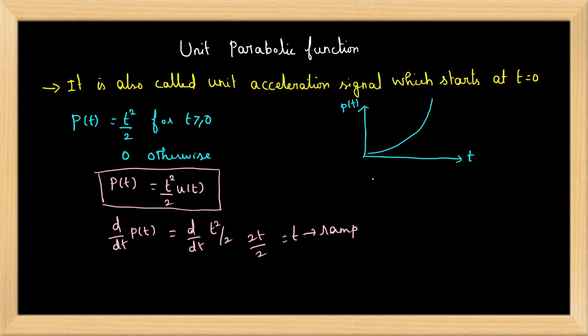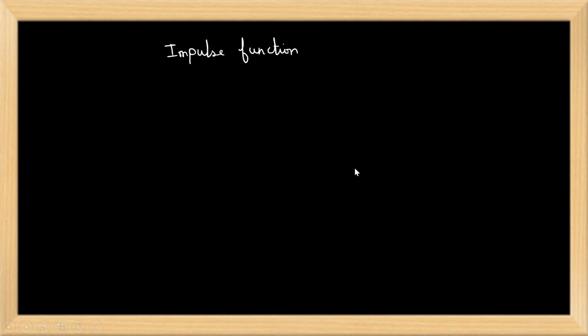In conclusion, when you integrate the unit step, you get the ramp function, and when you integrate the ramp function, you get the parabolic function. Similarly, when you differentiate the parabolic, you get the ramp function, and when you differentiate the ramp function, you get the step function. This is the basic relationship between the unit step, parabolic and ramp functions.